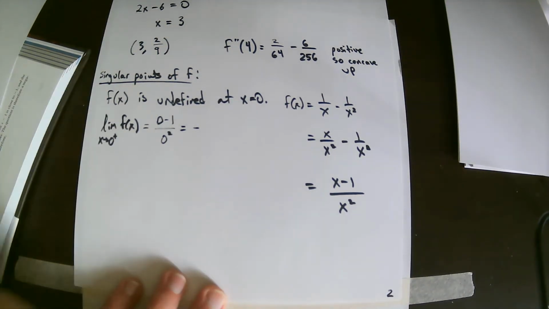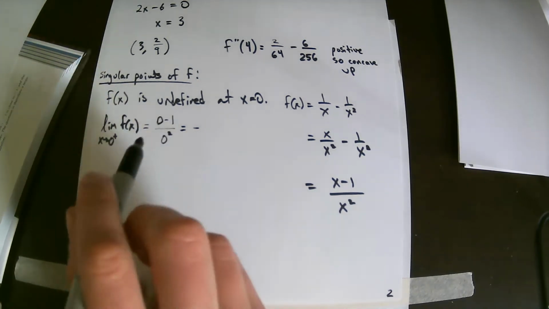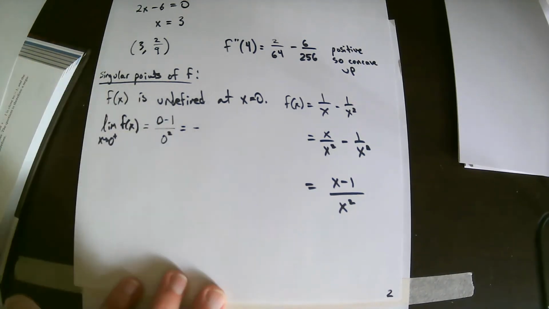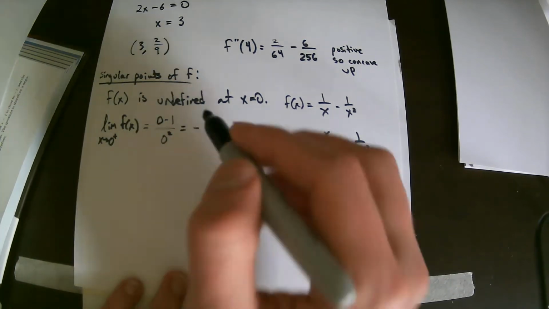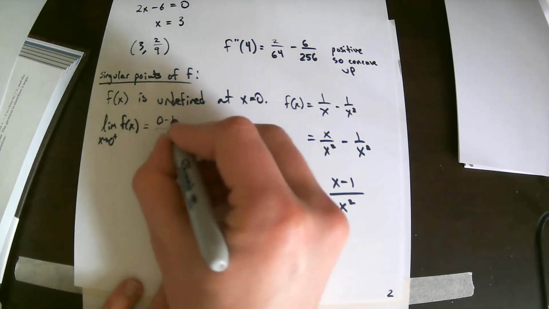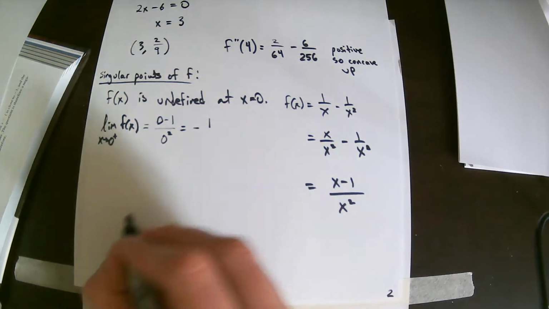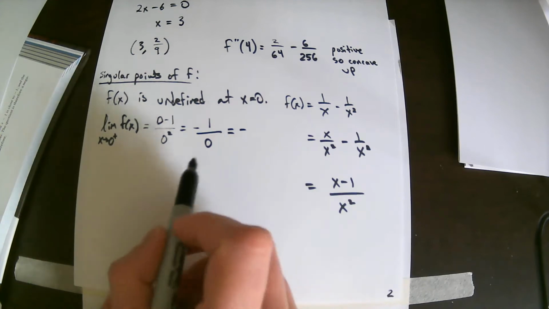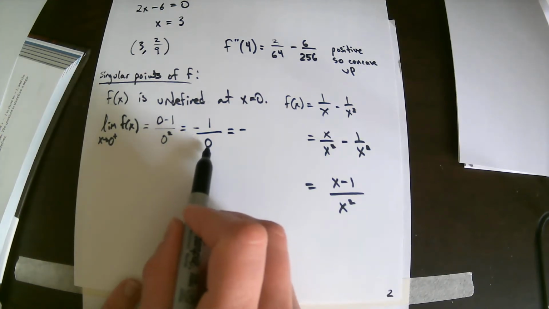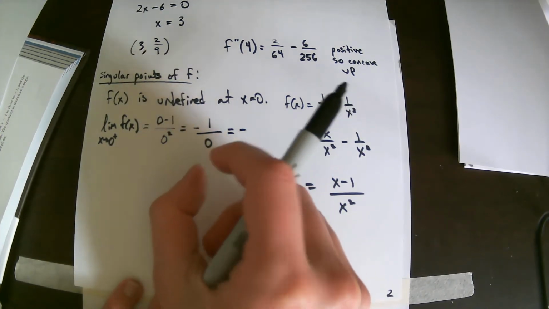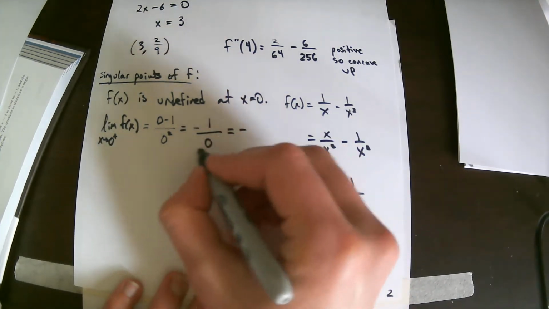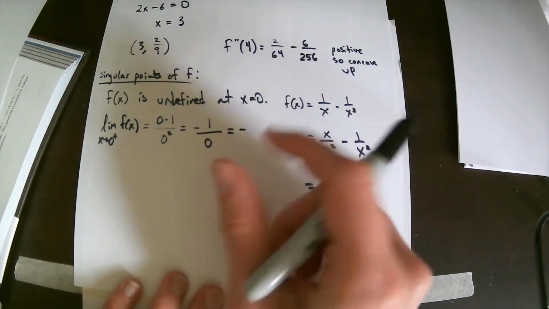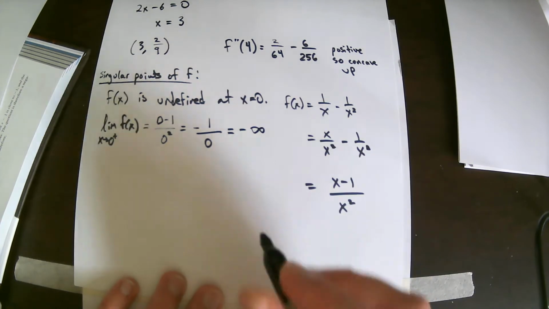Unless it's just 0. It's not, but we've got positive in the bottom and negative on top, so it's going to be negative. And remember that when we have 0 minus 1 up top, it's just going to be negative 1, and 0 in the bottom. And remember that when we have a 0 in the denominator, this growth tending towards a very small number is going to give us overall behavior of this fraction of a very large number.